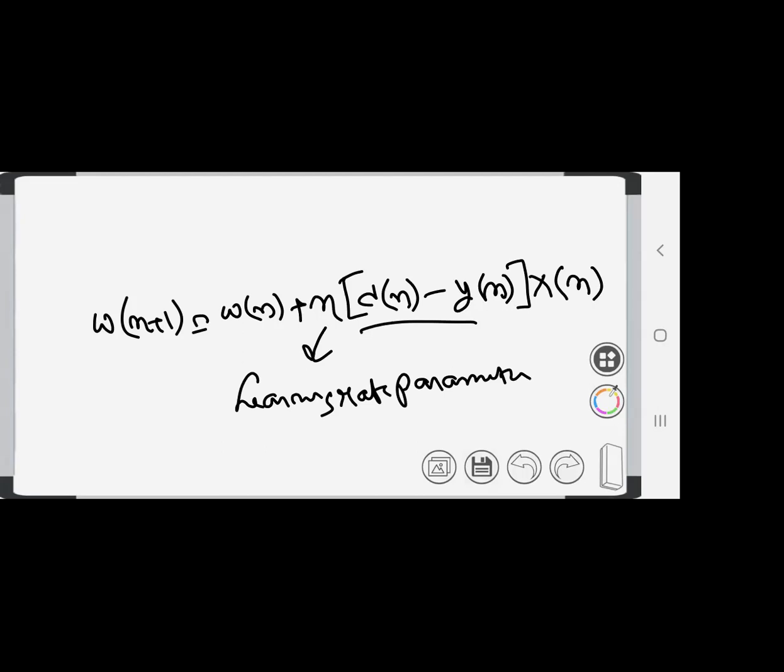The learning rate parameter is a positive constant limited to the range 0 less than or equal to eta less than or equal to 1.